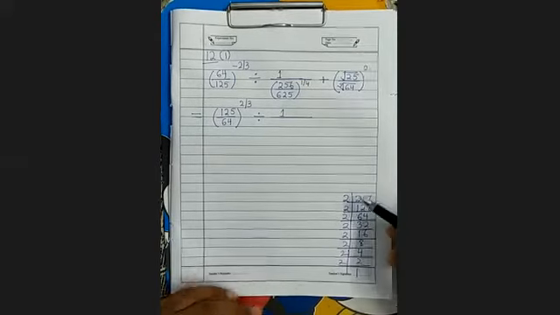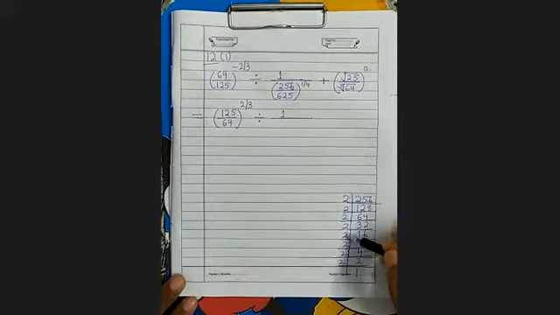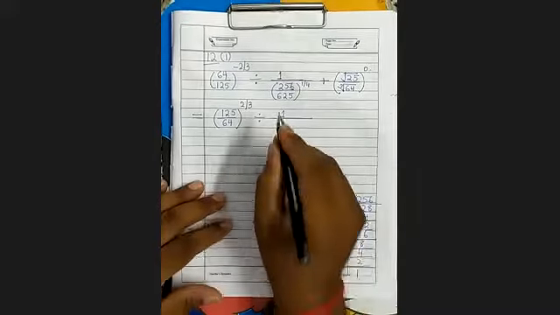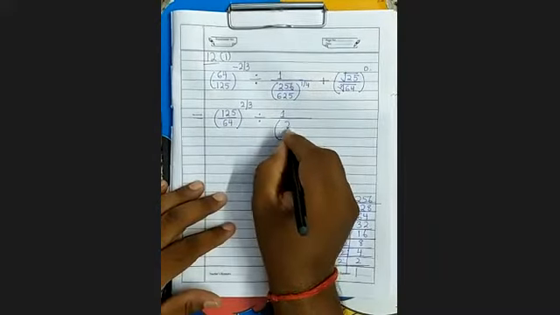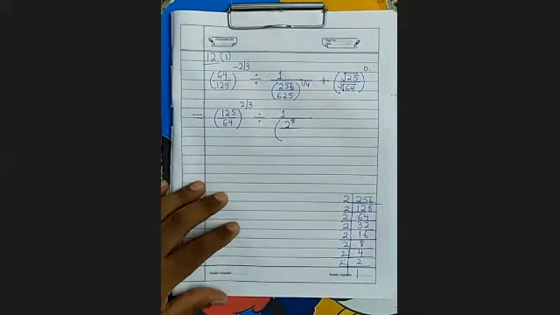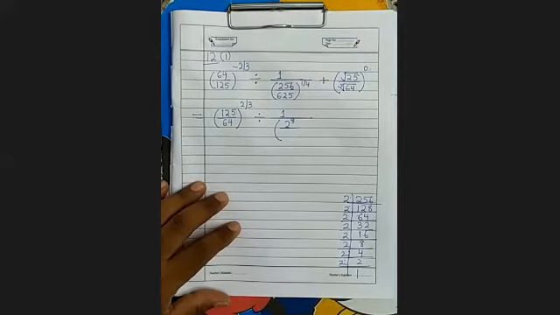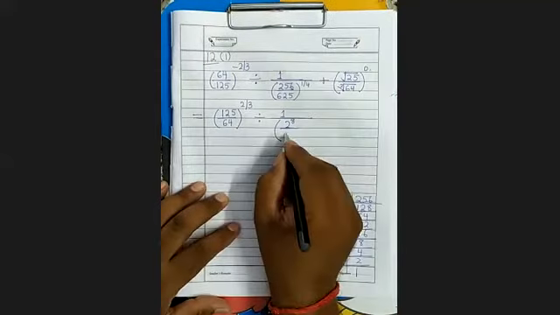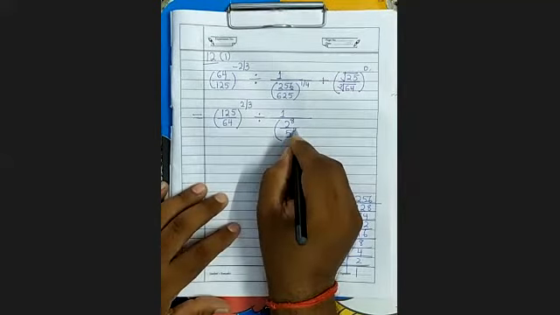How many times is 2 coming? 1, 2, 3, 4, 5, 6, 7, 8. 8 times. So you can write 2 to the power 8. And this is 625. 625 we know is 25 into 25, and 25 can be written as 5 square. Therefore it is 5 to the power 4.